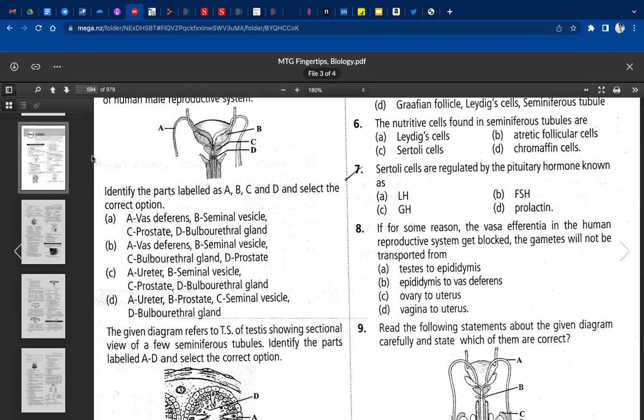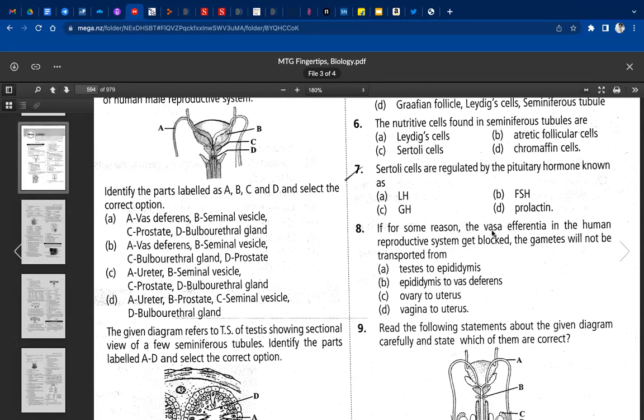Sorry, sir. Yes. Remember, I won't be sitting beside you in the entrance to tell you this, okay? So keep your nerves under control. Perfect. All 4 of you have given the right answer, very fast. The right answer is option A, testes to epididymis.